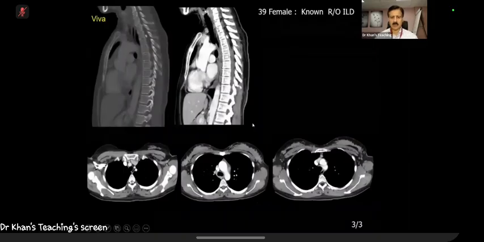Now, because you are seeing spine here, because we are covering the spinal canal, it becomes a very easy case, what I am showing you right now. But beware that, suppose it was a CT of the chest. Do you see something in the spinal canal?